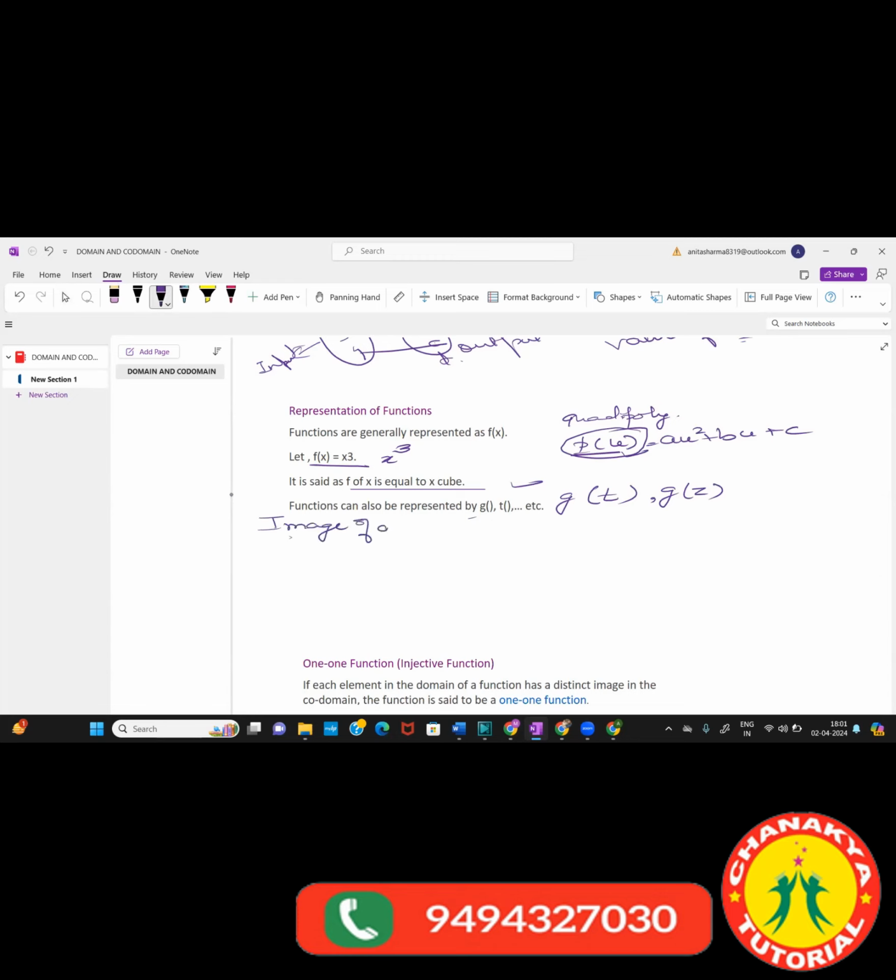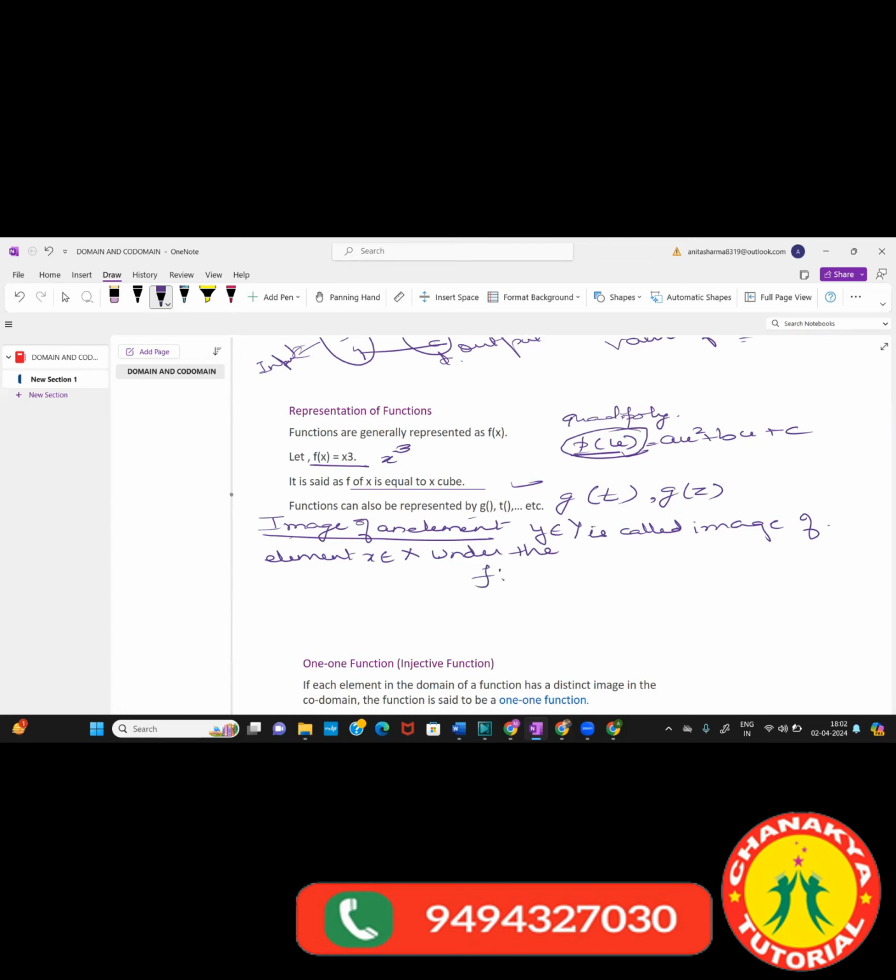Now, image of an element. Suppose a unique element y belonging to set Y is called the image of element x belonging to X under the mapping.